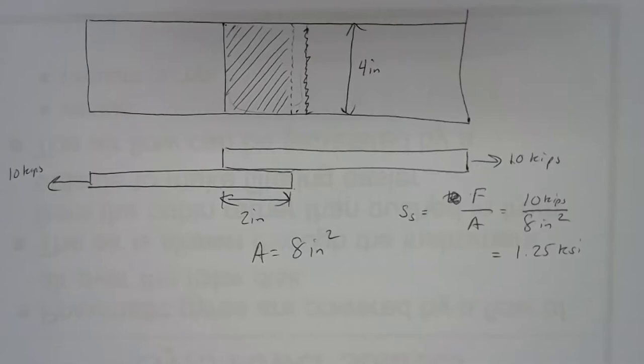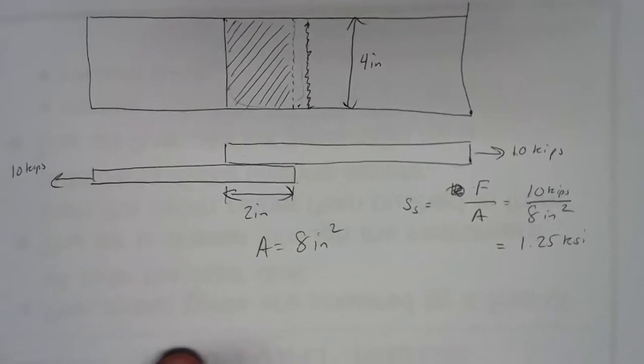Now, a glued joint isn't the only way to do this. We could create a lap joint by, instead of using glue, using a pin. And if we use a pin, we have a little bit of a different situation. So let's see how that would look.